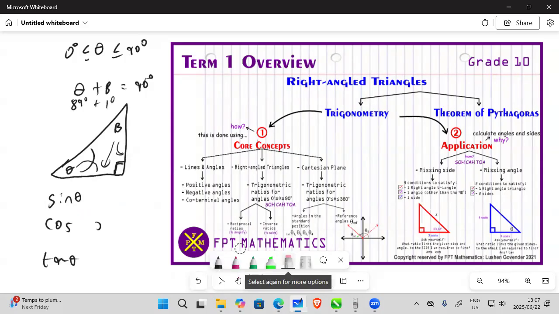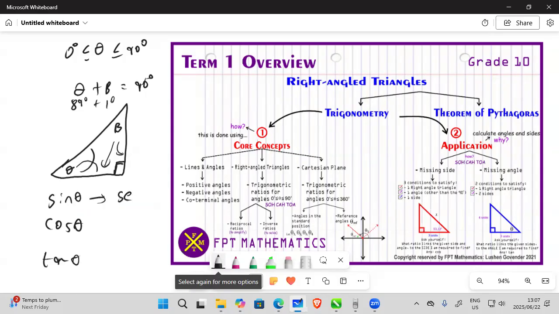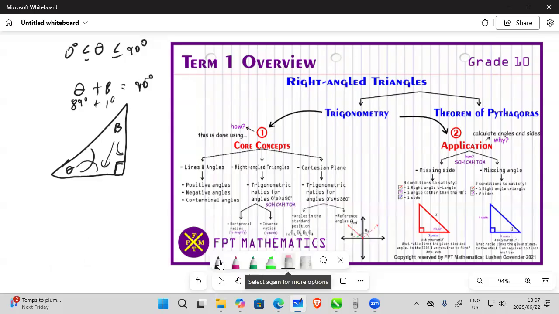When we talk about an inverse, the inverse of sine is like this here, sine to the negative 1 theta, cos to the negative 1 theta, and tan to the negative 1. Where do we use this? We use this when we are solving for the angle, right? So the reciprocals are just swapping the numerator and the denominator.